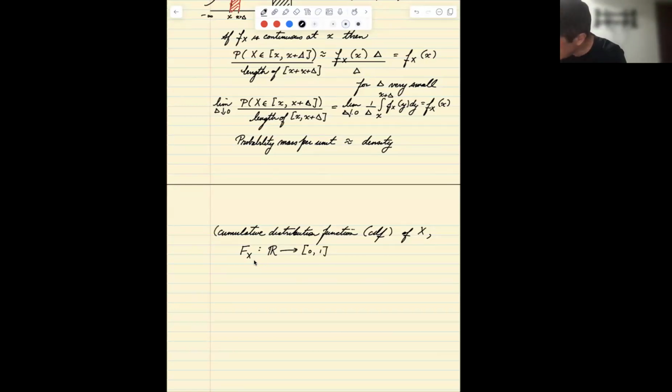It is a function from real numbers to the unit interval, because this actually does give us probabilities, and it's defined the same way as before. It's defined as the probability that x is at most a certain value. But now in the continuous case, that's exactly equal to the integral from minus infinity to x of the density dx.